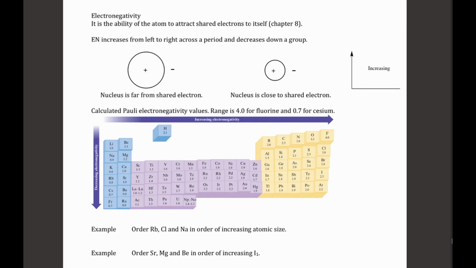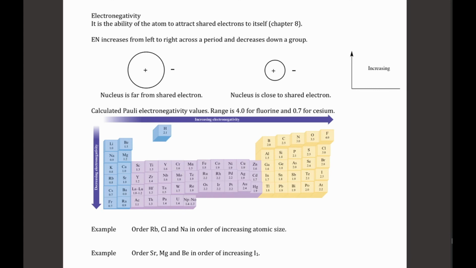Electronegativity, that's the ability of the atom via its nucleus to attract shared electrons. So imagine we have two atoms bonded together. The electrons that are bonding them are in the center between the two nuclei. So it's those electrons we're talking about. So the smaller the atom, the closer it can get its nucleus to those shared electrons.